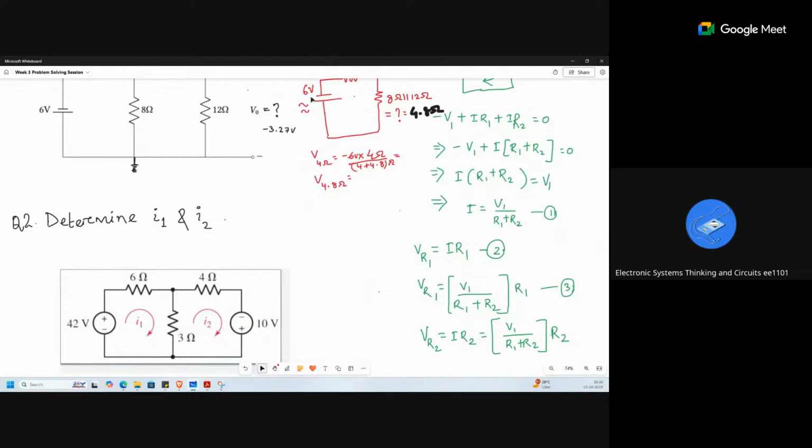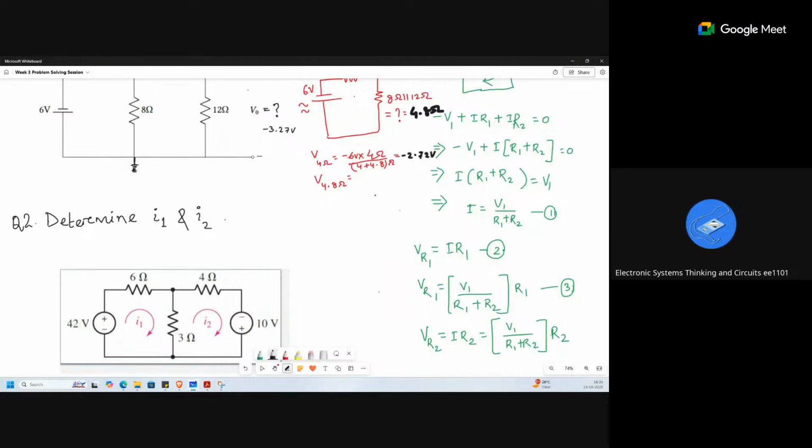If you reverse it, that will be plus 6 volt. So minus 6 volt multiplied with the corresponding resistance, 4 ohm, divided by total resistance, 4 plus 4.8, right? So the value will be minus 2.72 volt.